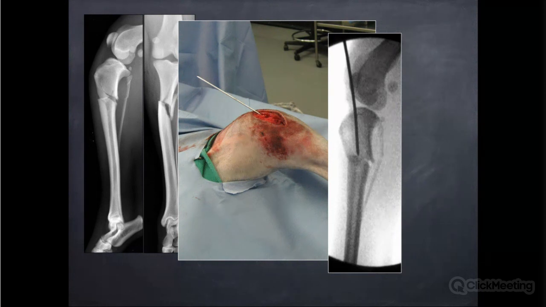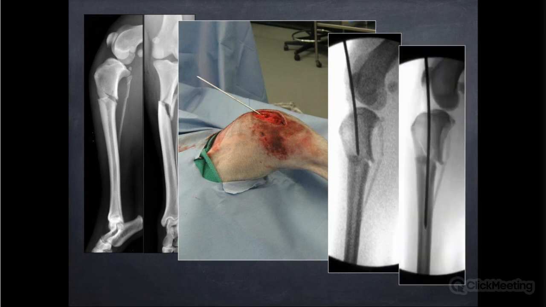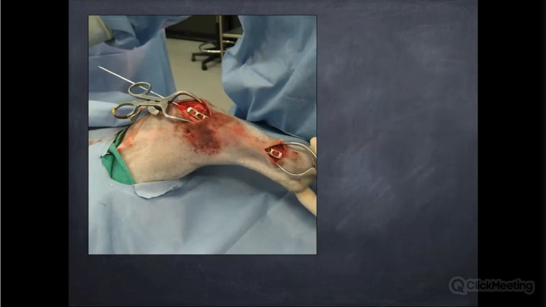So I can insert it in the proximal segment, use it as a joystick to realign the fracture, and then insert it in the distal segment to achieve good bone realignment. And this is the starting point to have that kind of alignment and intraoperative help that will allow us to start with a minimally invasive approach.